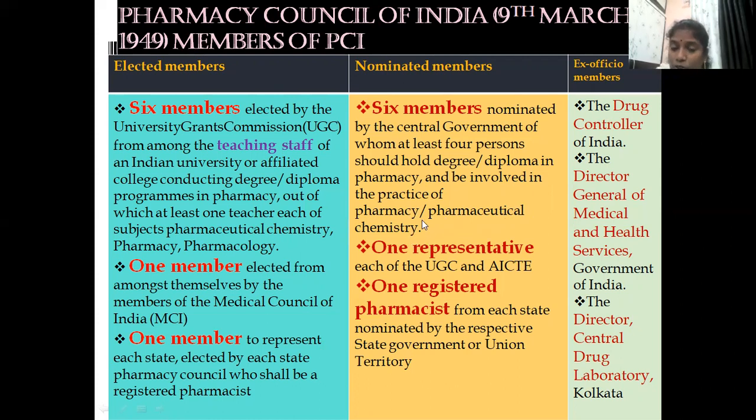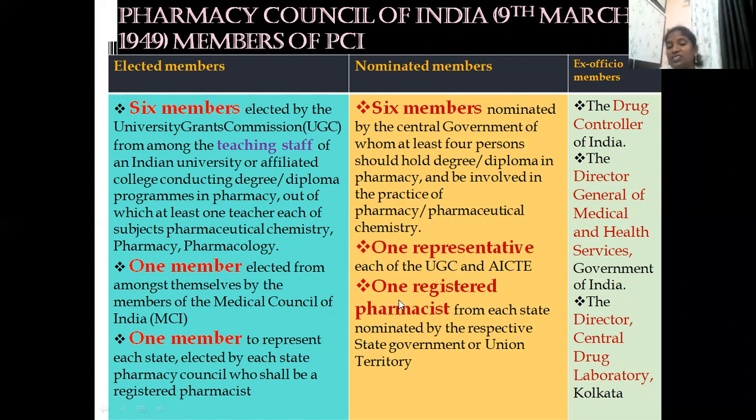So the teachers should be qualified in these subjects. Next, 1 person who replaces the MCI seat here is from the AICTE or the UGC. From the AICTE and UGC, 1 person we are electing.